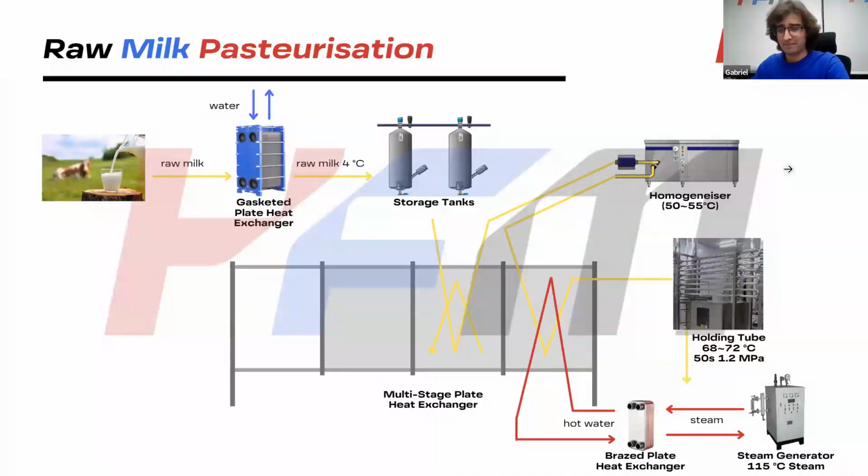But before we can package the milk, we need to reduce its temperature again. So we're going to save the energy by sending this hot milk back to the first stage of the heat exchanger. This way, we're going to do two things at the same time. We're going to be able to decrease the temperature of the hot milk. That's what we want. And we're also going to increase the temperature of the cold raw milk. That's also what we want.